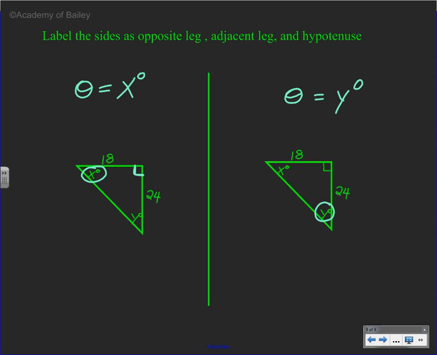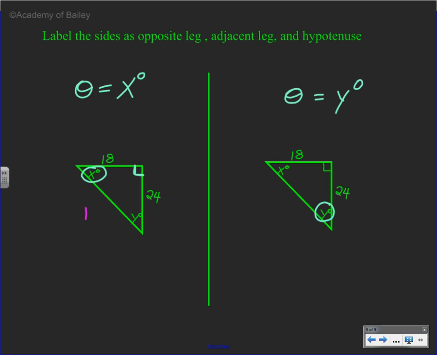And so now what I want you to do is label the opposite leg, the adjacent leg, the hypotenuse. So pause the video and label it, and when you're done, press play and then check to make sure that what I put up here is what you put up there. All right, I'm going to work on the left.